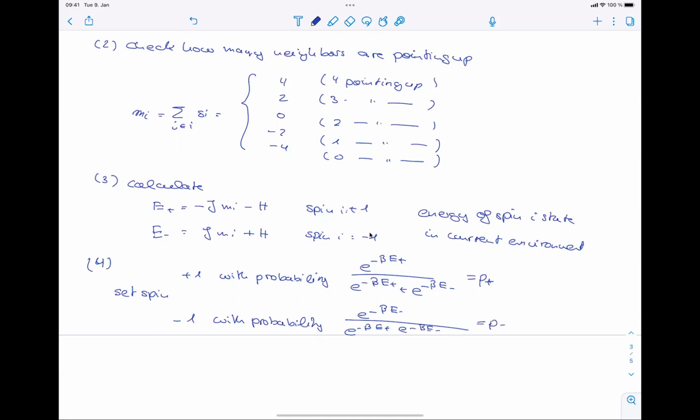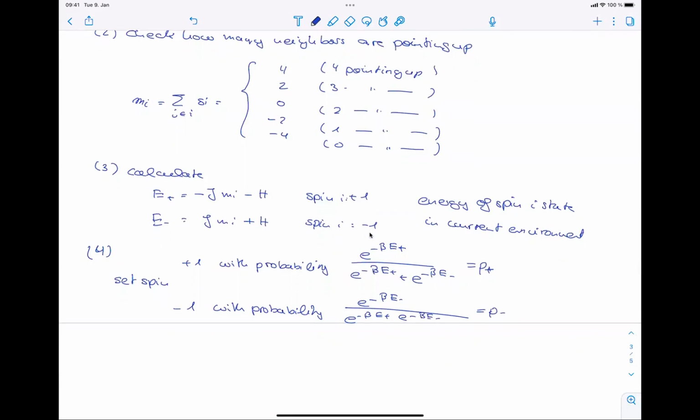And so this is now calculating the probabilities from the energies and the Boltzmann weights, where our chosen spin should be. And then here the Monte Carlo step comes in: we draw a random number R between 0 and 1.